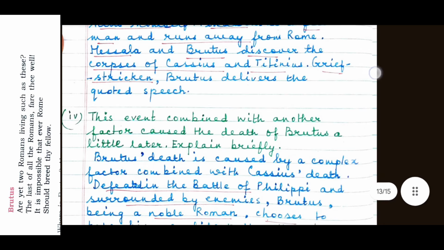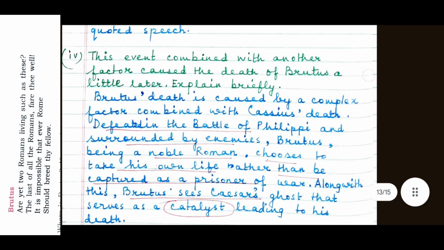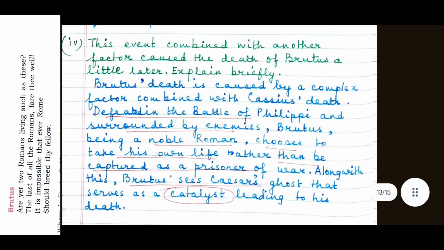Next, this event combined with another factor caused the death of Brutus a little later. Explain briefly. Brutus's death is caused by a complex factor combined with Cassius's death. Defeated in the Battle of Philippi and surrounded by enemies, Brutus, being a noble Roman, chooses to take his own life rather than be captured as a prisoner of war.